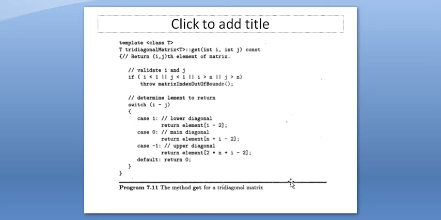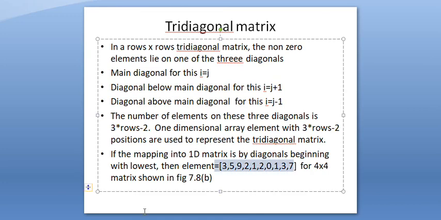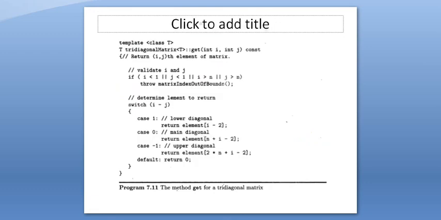Before that, take this information separately: the 4 by 4 matrix as well as this one-dimensional array, and we will verify whether the mapping defined in this program functions properly.